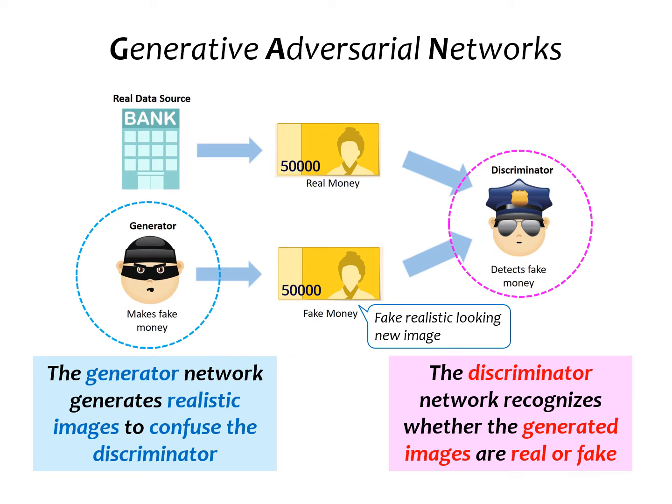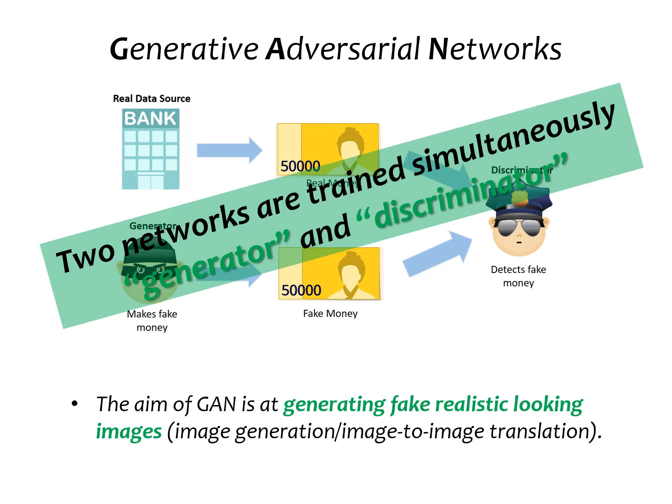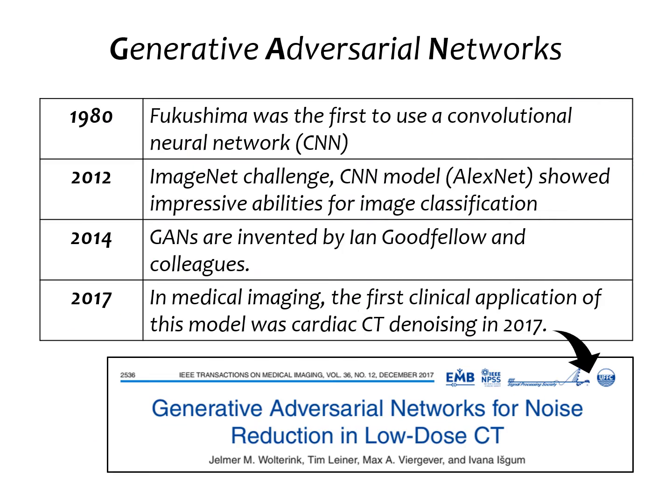In line with this trend, GAN has attracted attention in the field of image quality improvement and image transfer. In this deep learning algorithm, there are two neural networks, a generator and a discriminator. The generator generates realistic images to confuse the discriminator, and the discriminator recognizes whether the generated images are real or fake. So the aim of GAN is generating fake realistic-looking images.